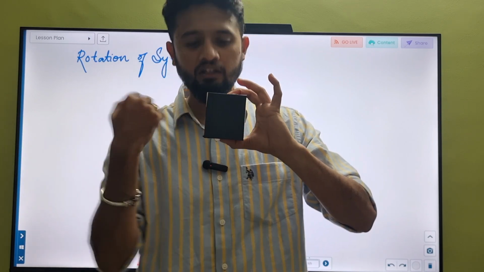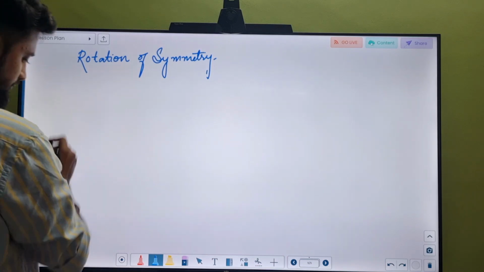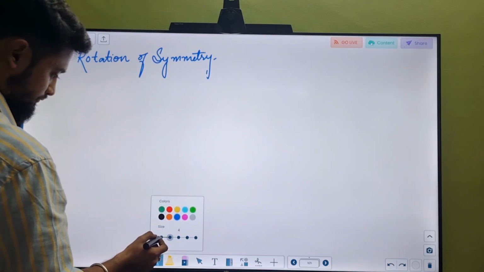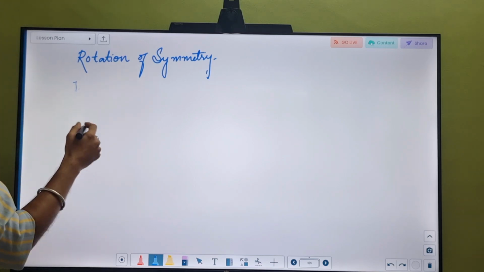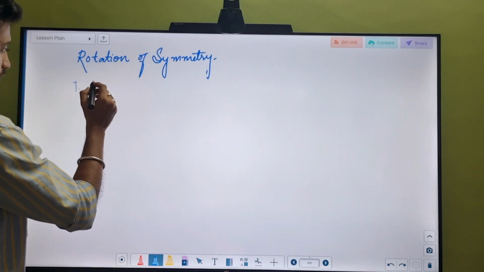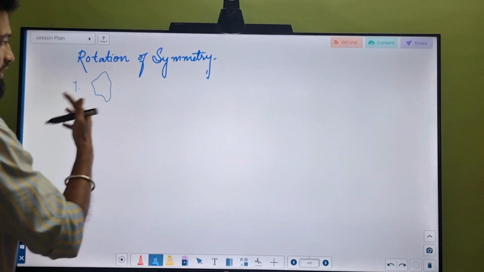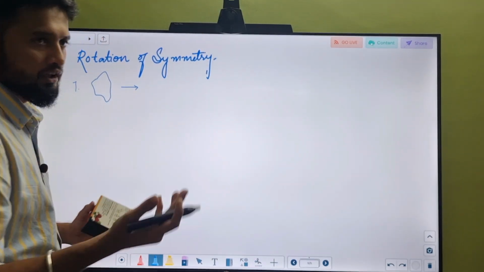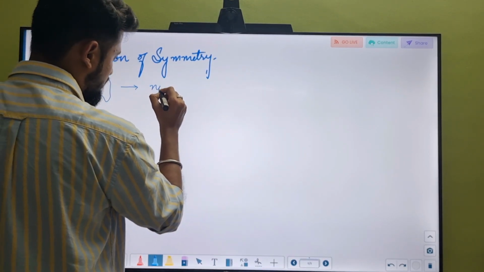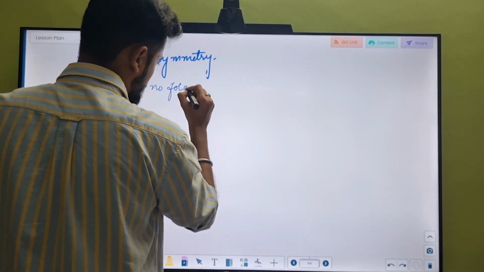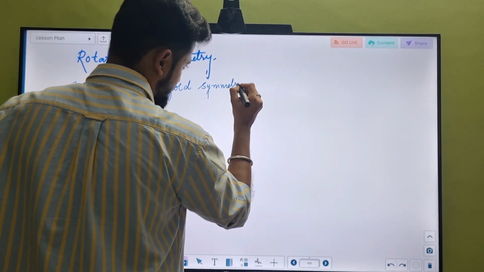Okay, so when we rotate it 4 times, here first, if it is an open form, if the crystal doesn't contain any face or it is underdeveloped, so here there is no face, so we can't rotate it, so here we call it no fold symmetry.